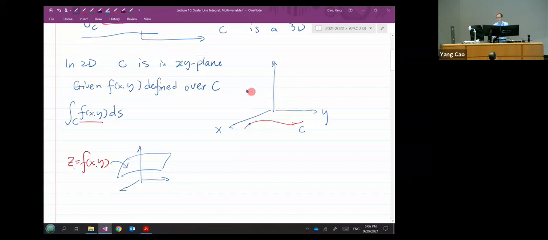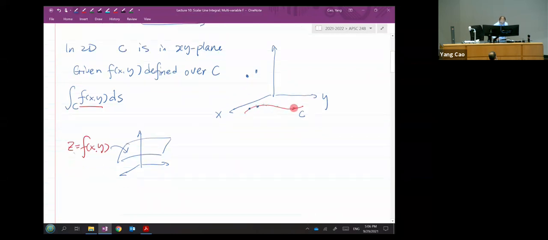Then you plug in another point and get another one. You plug in every different point, and as you do this one by one, you can imagine getting a number of points in 3D space right on top of this curve C.